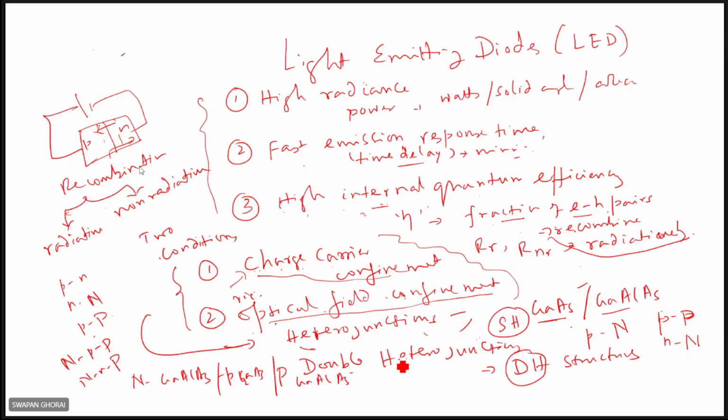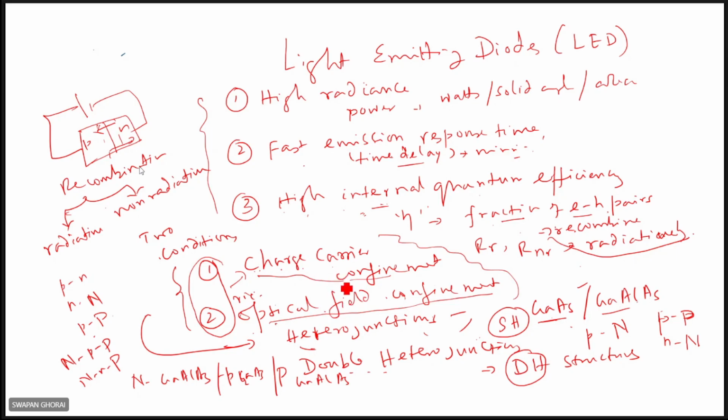You see, a double heterojunction is required because only then will these two conditions be satisfied. And if these two conditions are satisfied, only then can you have a high radiance and high efficiency LED. These are just like a chain. So you need double heterojunctions, semiconducting materials that can provide charge carrier confinement and optical field confinement.